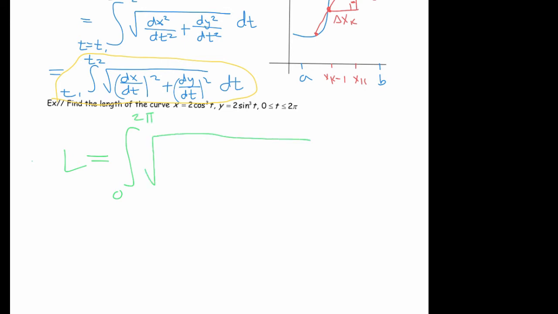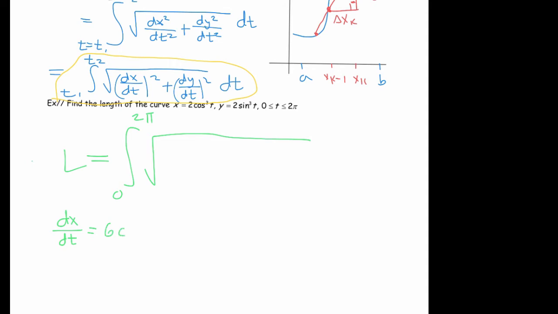We're going to take the derivative of x with respect to time and y with respect to time, and put those into the integral. Let's do that work off to the side here. So dx/dt is going to be the derivative of 2 cosine cubed t. Be careful here.